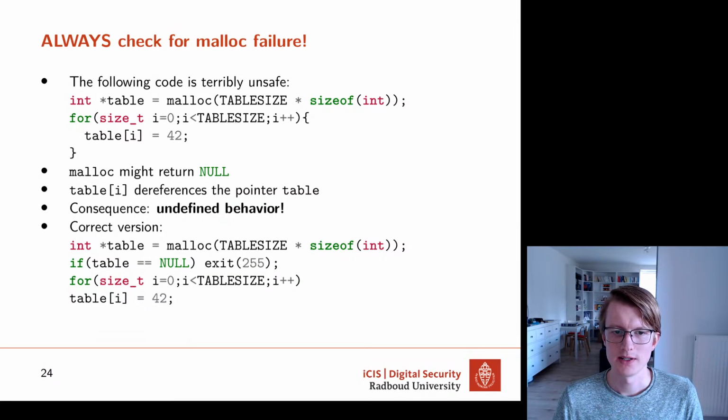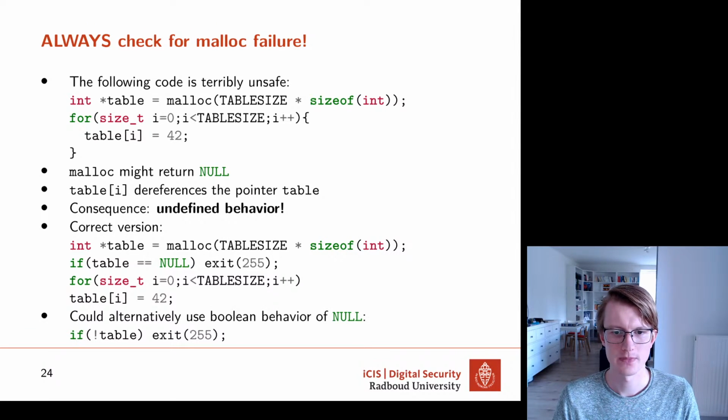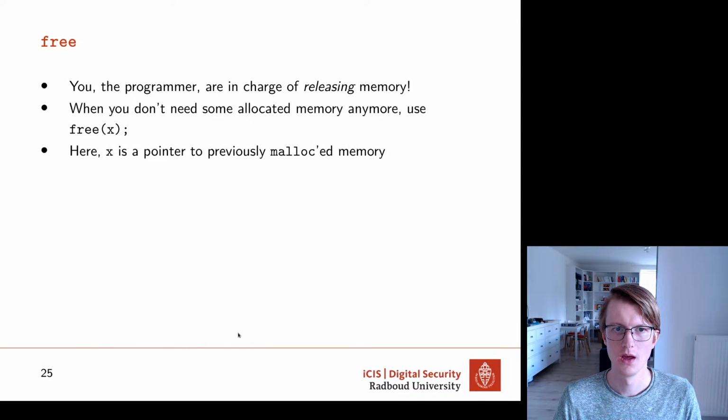But it's so unlikely to happen that error correcting for it is usually not what you want. You'll just terminate the program because it's not useful to continue. And again, you could use not table here instead of the equals null.